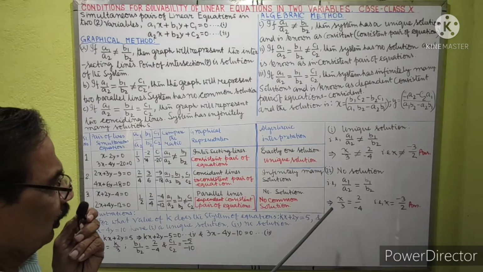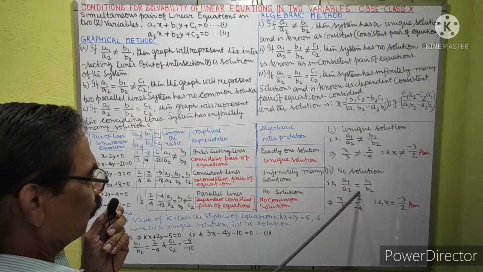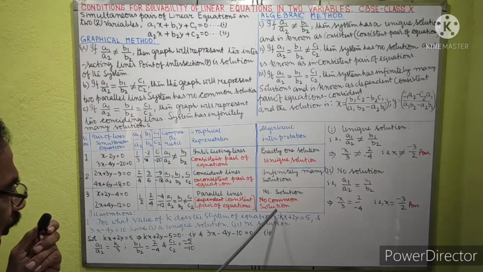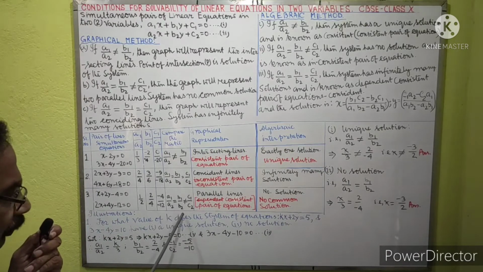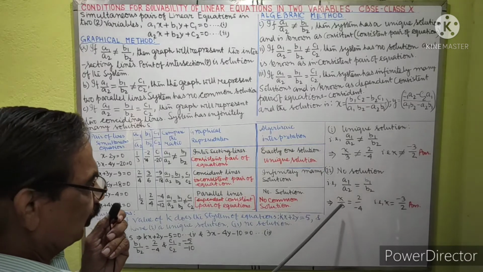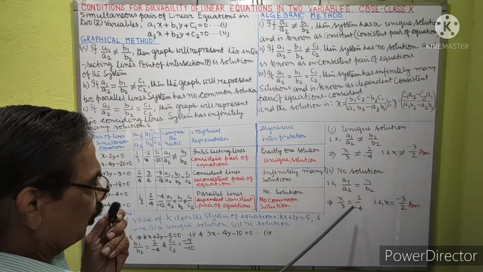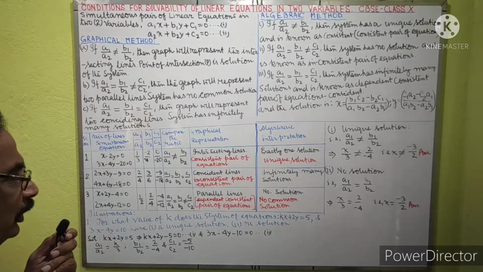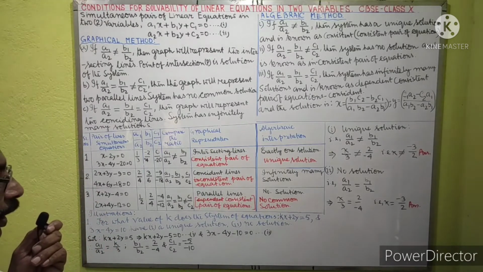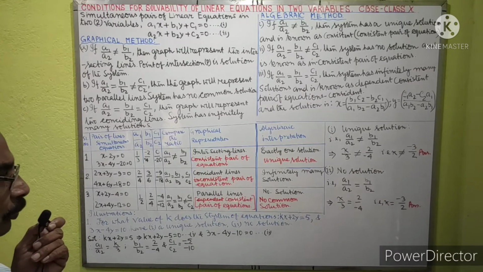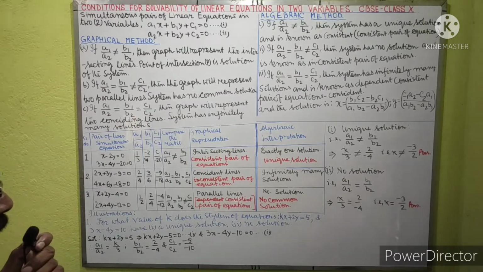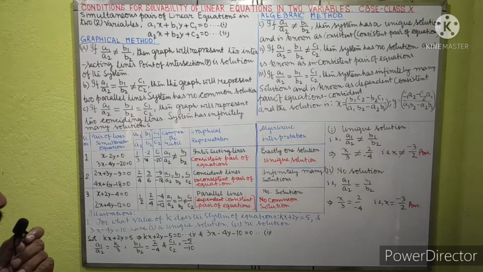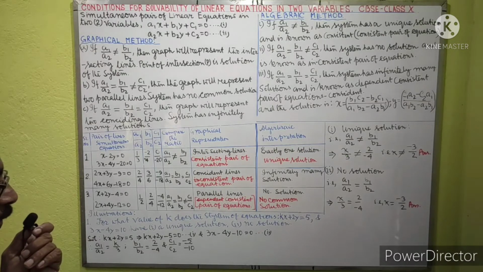When no solution, a1 by a2 equal to b1 by b2, so k by 3 equal to 2 by minus 4. Here k will be minus 3 by 2. That is, if k is not equal to minus 3 by 2, then it will have a unique solution. But if k equal to minus 3 by 2, the equations will have no solution.